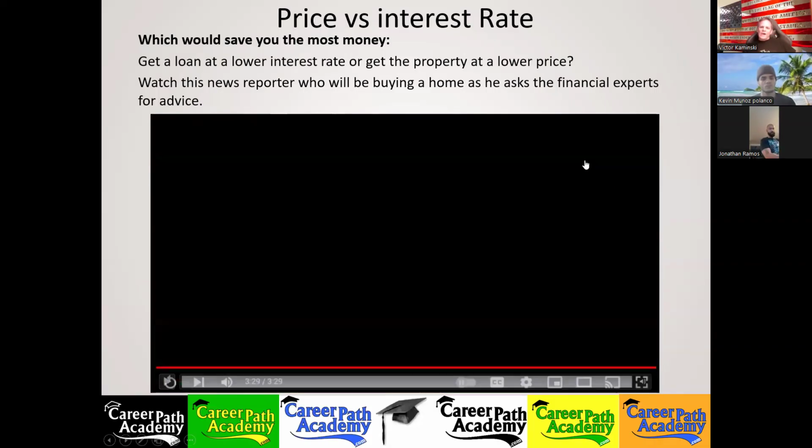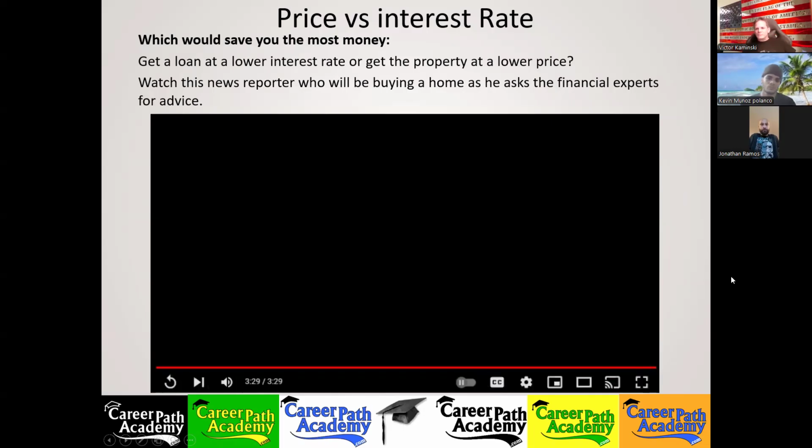So there you go. Buying the house for less money will save you more money, if possible. Now, one thing they said, they think that the housing prices may go down here in New Jersey, but this was about a year ago. They have not gone down; they've continued to go up. But they are right that with interest rates, you could always refinance down the road if interest rates fall.